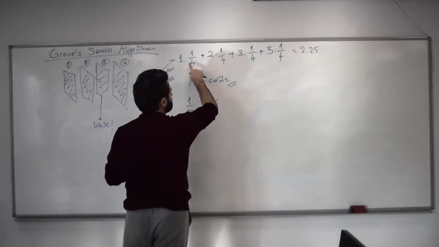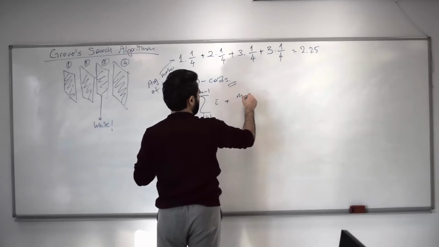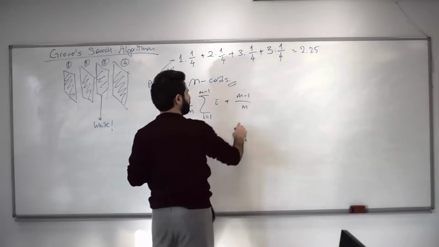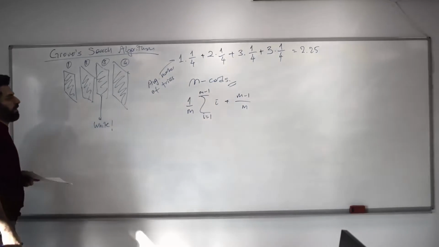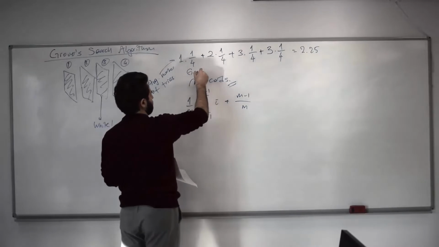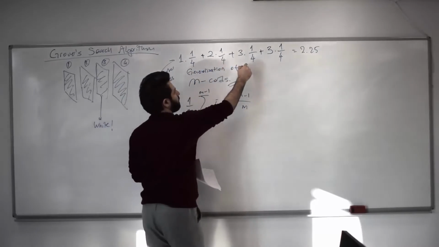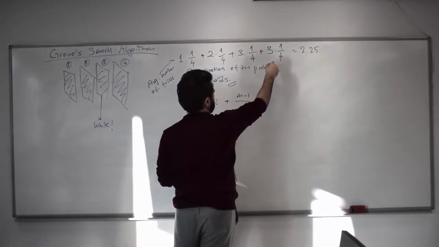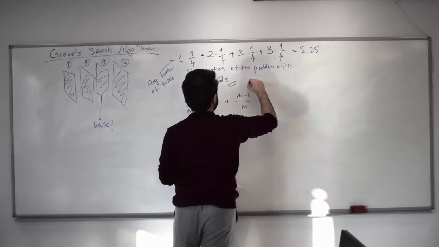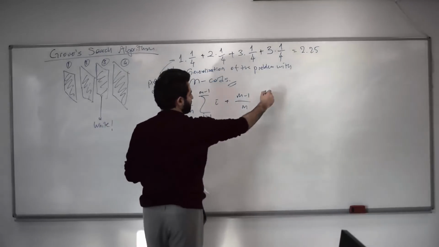And the last one is plus m minus 1 over m, right? So that is the generalization of the problem with m cards. And that is the number of tries.